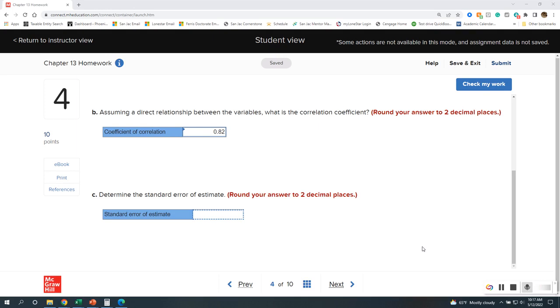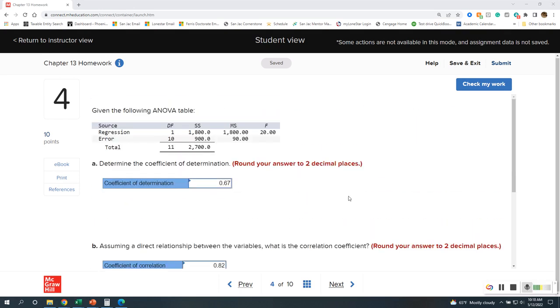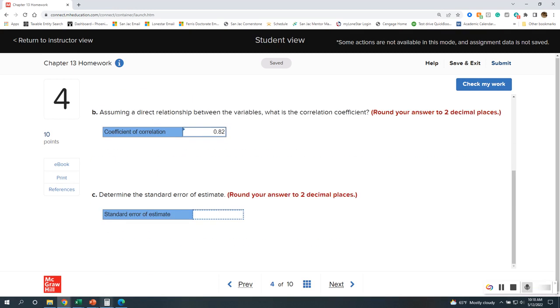Okay. So, formula is the square root of the sum of y minus y hat squared divided by n minus 2. In the ANOVA chart, this is already here. This is going to be our SSE, basically divided by our degrees of freedom, and we square root it.